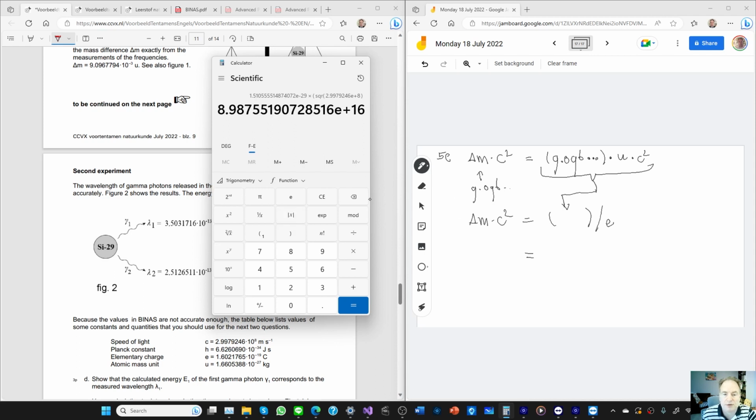And then also, since I'm dividing by e, I can enter that. Parenthesis close.